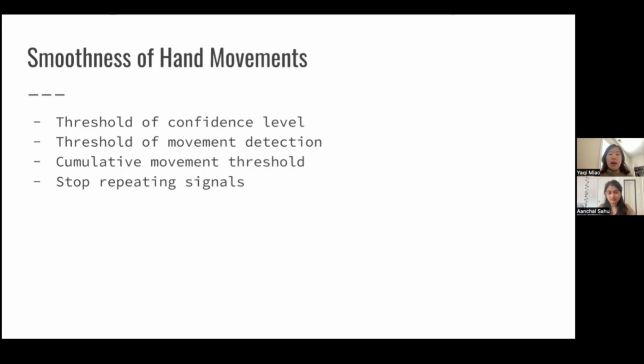And with that, we still noticed, what if the user is moving their hand slowly, but over a relatively long distance? So we also adopt a cumulative movement threshold, and we also want to send one signal instead of many when there are repeating signals, since the inference is done frame by frame.